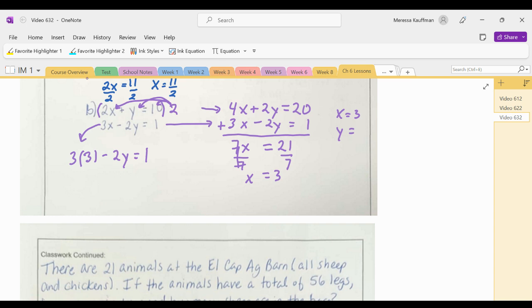I'm going to multiply my 3's together, so I get 9 minus 2y is equal to 1. Then I'm going to subtract 9 from both sides. Negative 2y is equal to negative 8. I'm going to divide both sides by negative 2. Y is equal to positive 4. There's my answer.